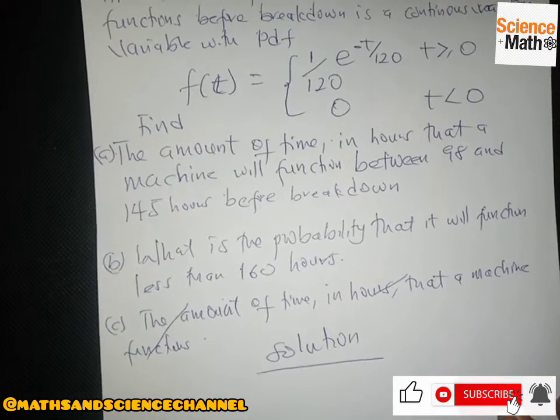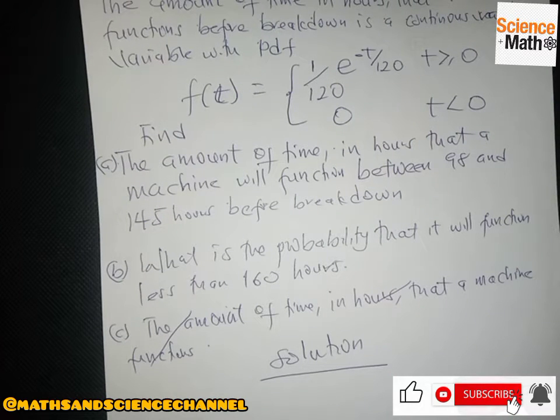Now this is the final part on PDF for continuous variables, and the question says that the amount of time in hours that a machine functions before breakdown is a continuous random variable with PDF, and we are given the function f of t equal to the piecewise function 1 over 20 e to the power minus t over 20 for t greater than or equal to 0, and 0 for t less than 0.